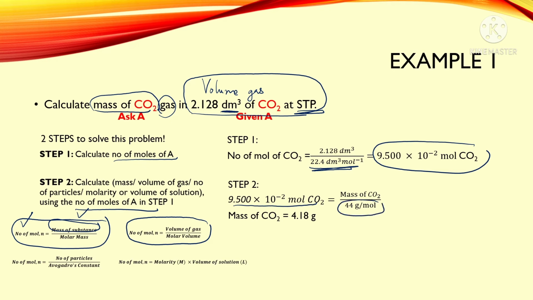Do you still remember how we get the molar mass of carbon dioxide? We find the molar mass from the relative molecular mass of carbon dioxide. So we get 44 gram per mole, and then we multiply it with the number of moles to get the mass of carbon dioxide as 4.18 gram.